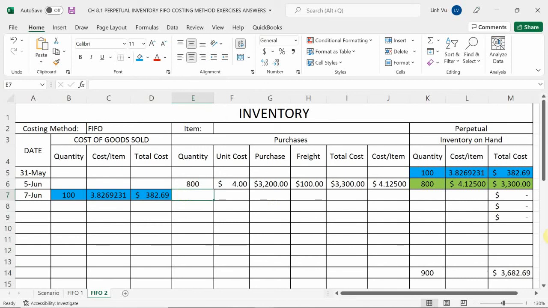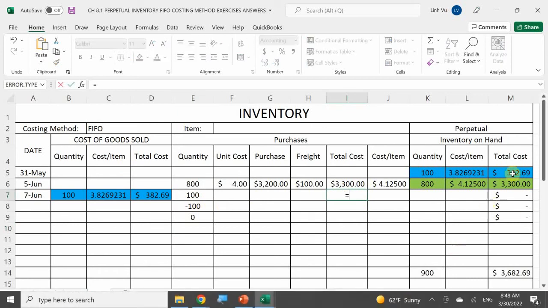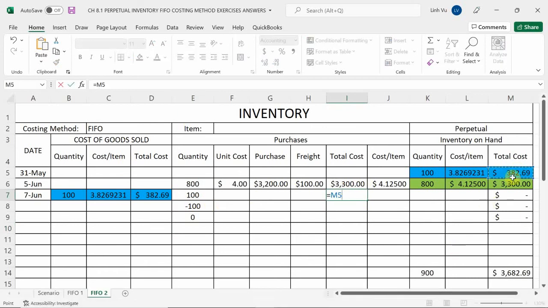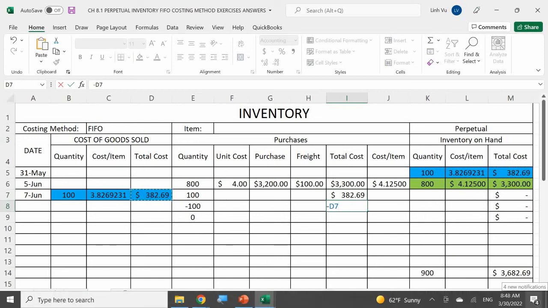I'm gonna say that we have 100 minus 100 equaling 0, right? And 382.69 minus that amount should give me another total of 0.